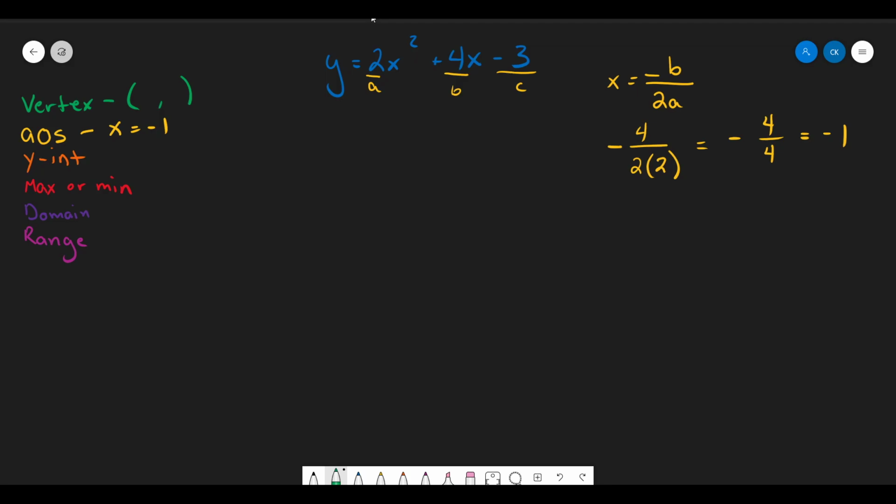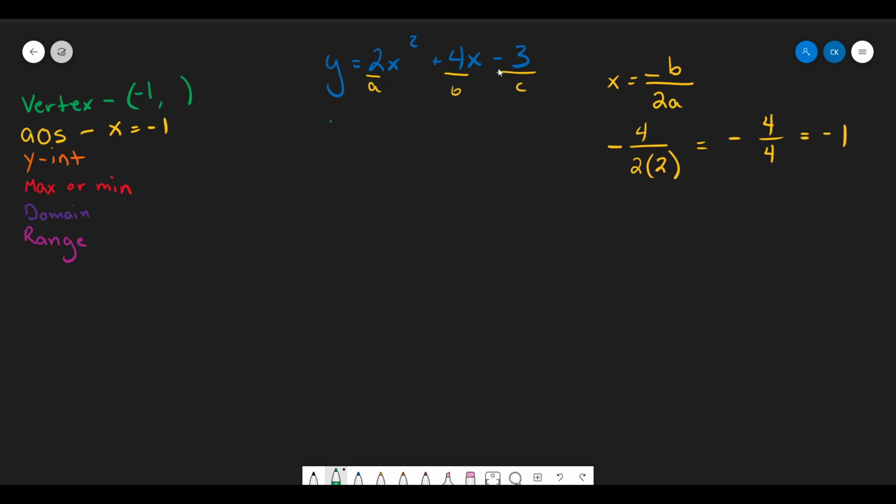By finding the axis of symmetry here, knowing that the axis of symmetry is negative 1, or x equals negative 1, that tells me that the x value of the vertex is negative 1. So I just have to find the y value. And how do I find the y value if I know the x value? Plug it into the function. Take this negative 1, plug it into here, and solve for y.